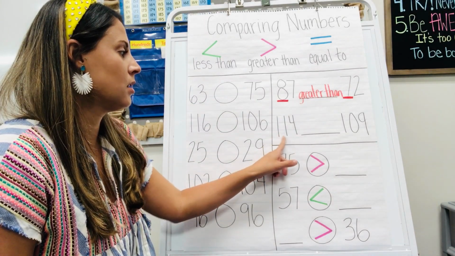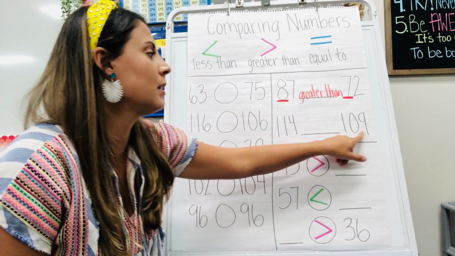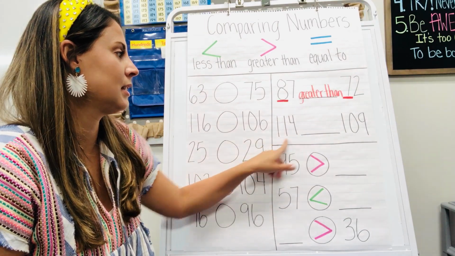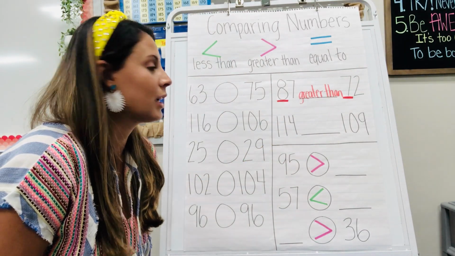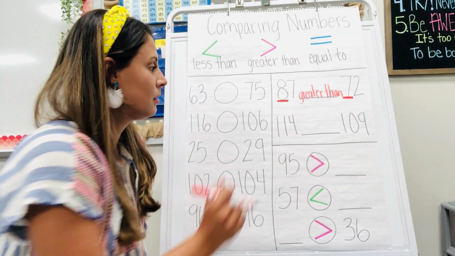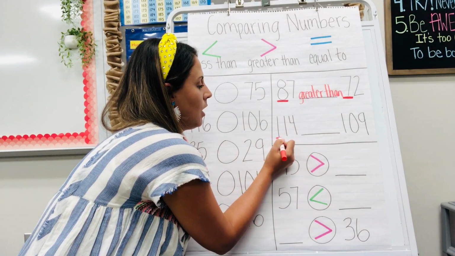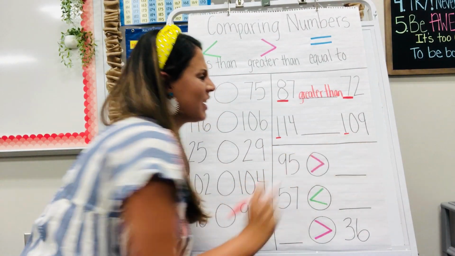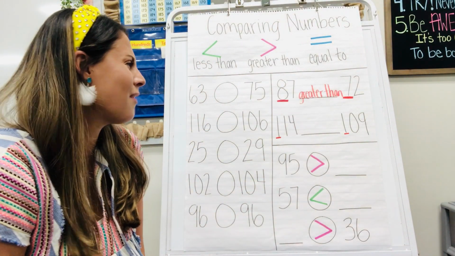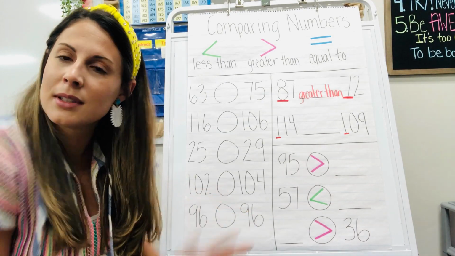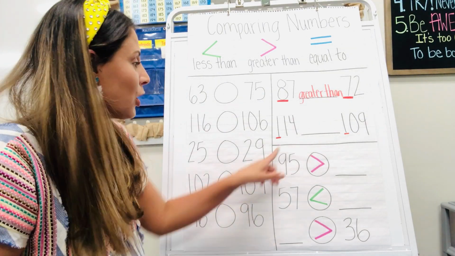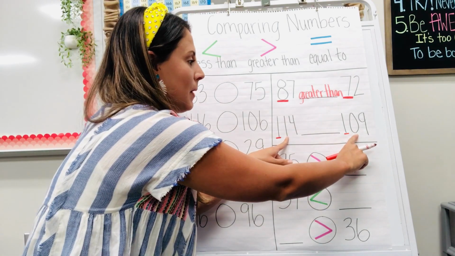The next one, these numbers have 3 digits. So we need to look at the first place value, which is a 1 here and a 1 here. Well, they both have ones. What do I do? Well, you're going to look at the second place value.